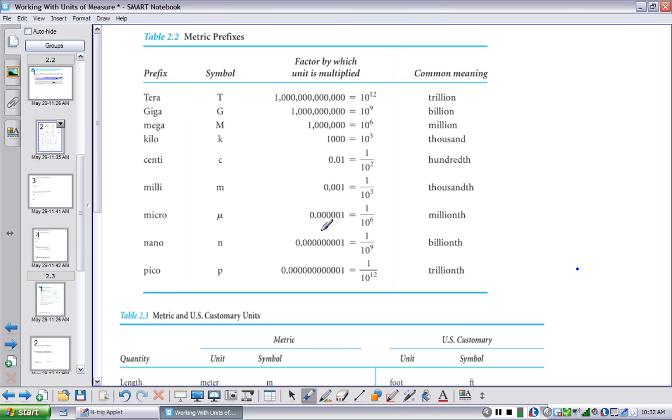So micro is 0.000001. If you count the zeros, you have the 1 behind the decimal, 1, 2, 3, 4, 5, and what this means is that the 1 is in the 6th place behind the decimal.